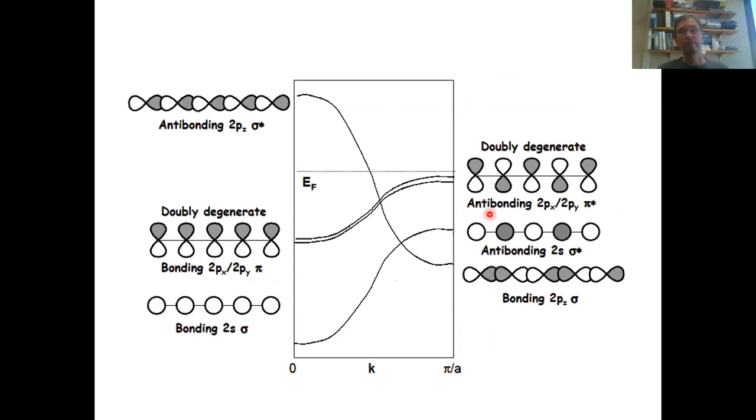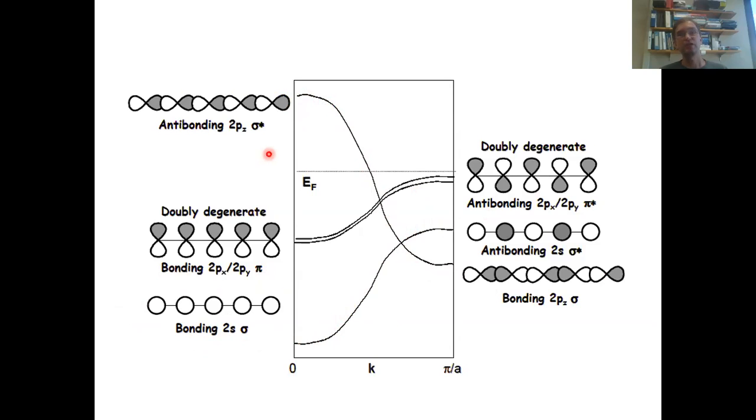There's one more aspect to consider here, which is that the band for the p orbitals that overlap in the sigma fashion and the band that forms from the 2s orbitals cannot cross as shown here.